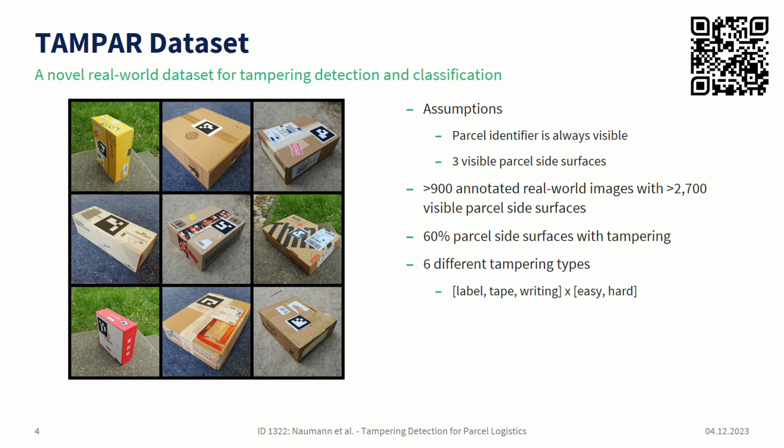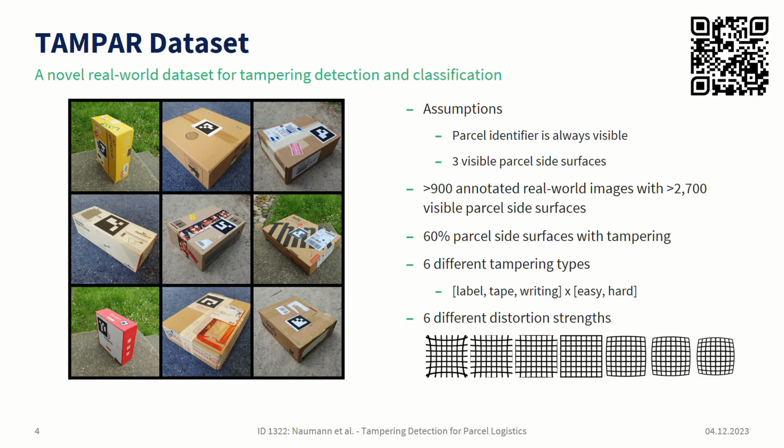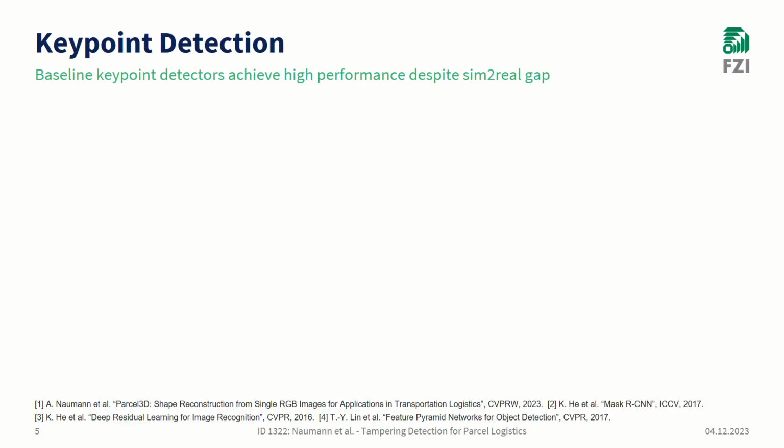And as previously mentioned, we consider 3 main types of tampering: applying labels, tape, and writing, both in an easy and a hard-to-detect variant. Additionally, we introduced 6 dataset variants that were created by applying artificial distortions, as visualized in the bottom right. These distorted dataset versions help to assess the generalization capabilities of our pipeline across different cameras.